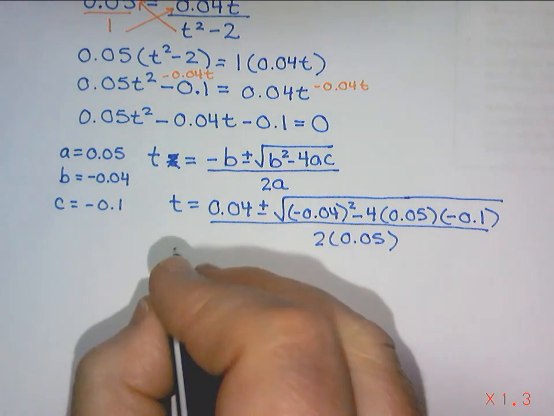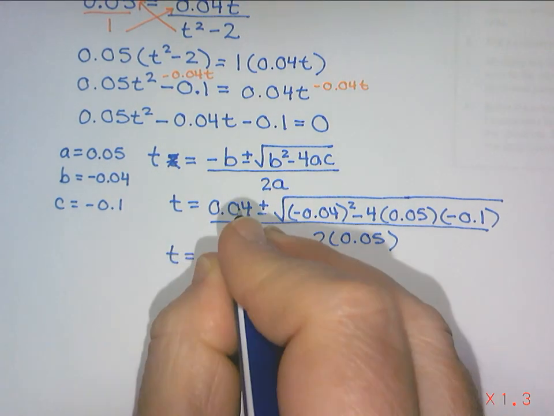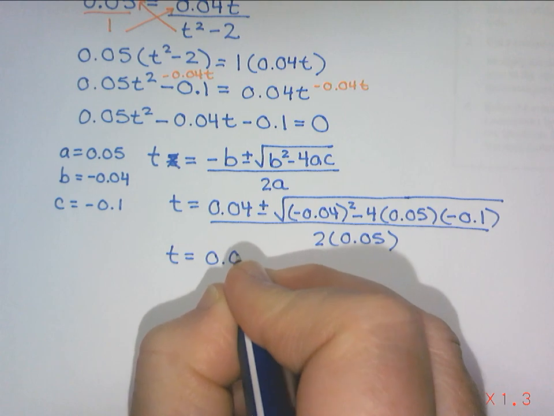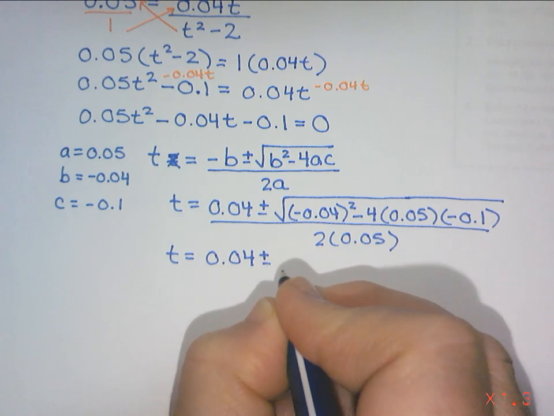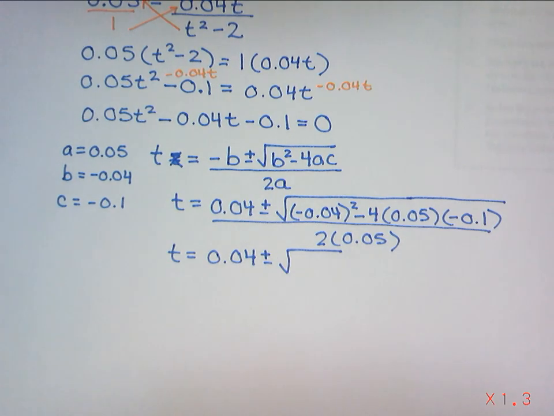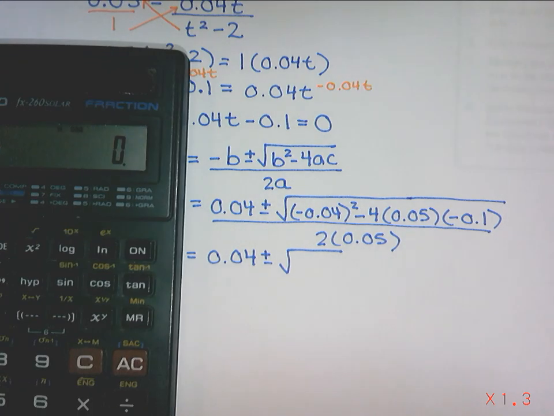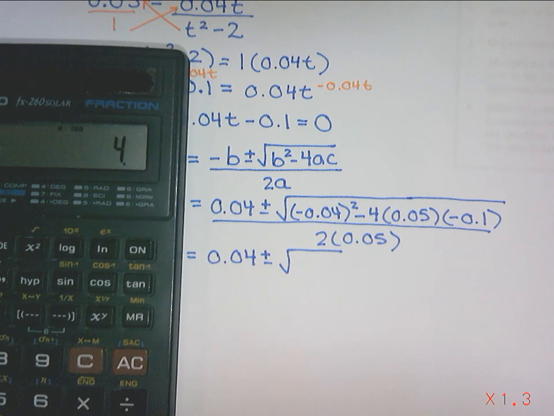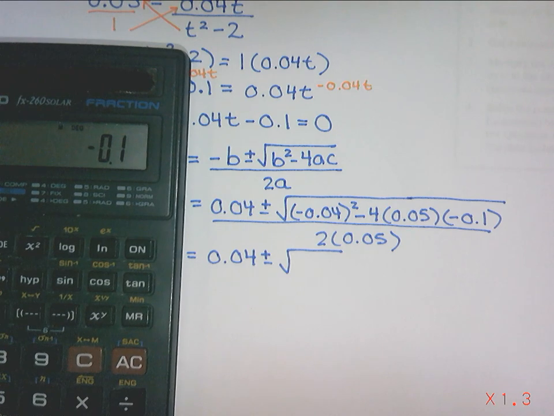Okay, my calculator is going to do this work for me. So I'm going to leave the 0.04, and then I'm going to work out what is underneath that square root. So I have negative 0.04 squared minus 4 times 0.05 times negative 0.1.